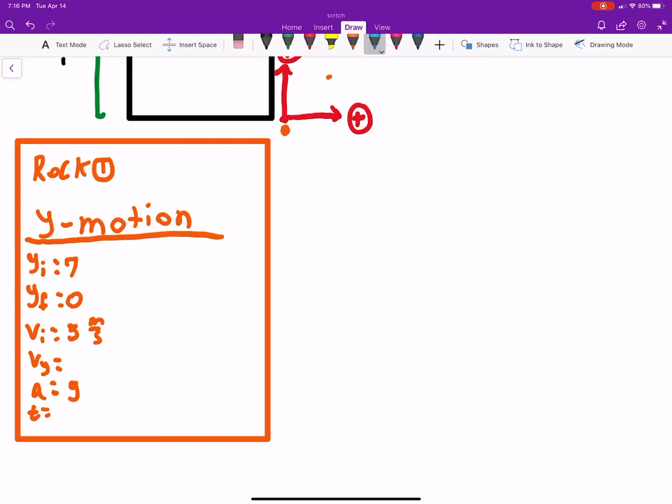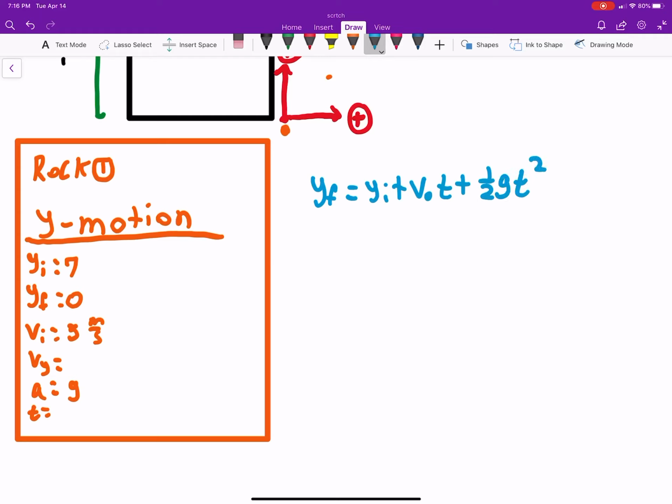Well, you can look at your kinematic equations. I think I even derived most of them on this channel at some point. And the equation of motion I'm going to use, and probably the most common one you'll end up using, is y final equals y initial plus v naught, this is assumed in the y direction, times time, plus 1/2 gt squared.